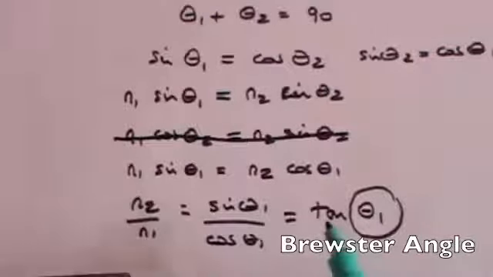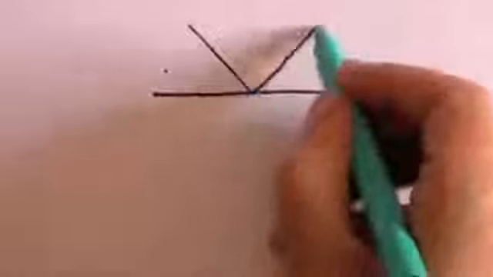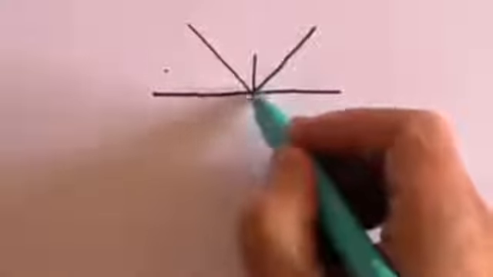And you can find it by saying that the ratio of the two refractive indexes is equal to the tangent of the Brewster angle. So if you take the circumstances where light is going from air into glass, light comes in, is reflected, some of it is refracted.